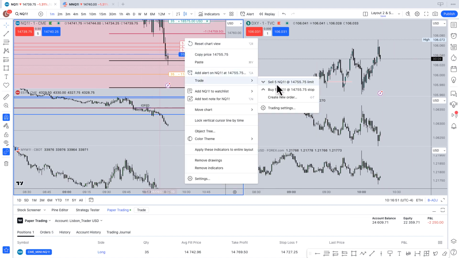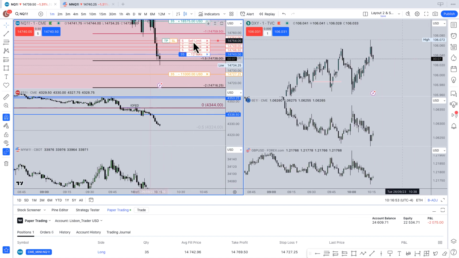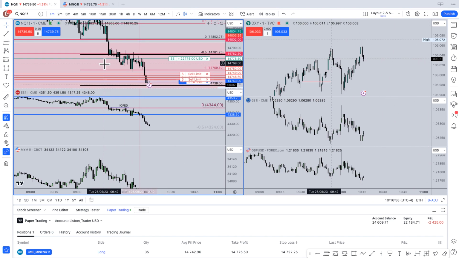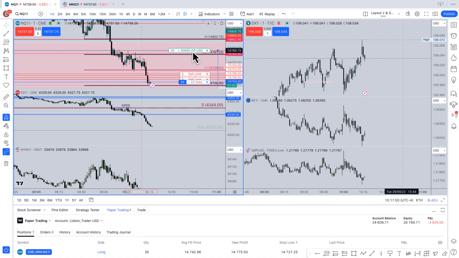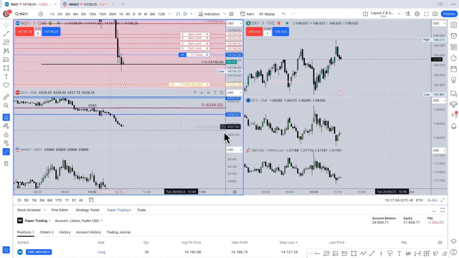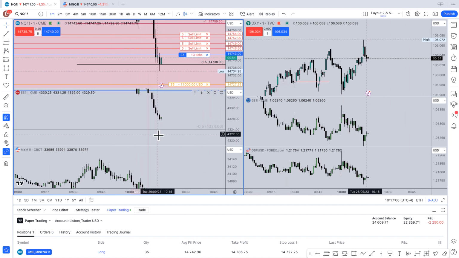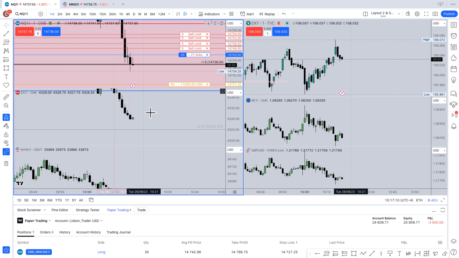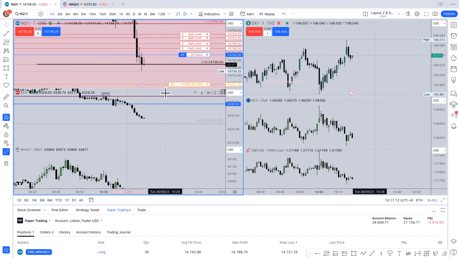Taking some profits while this goes higher. 18,000. 30. It's showing some signs of inverting. Hopefully, let's see.